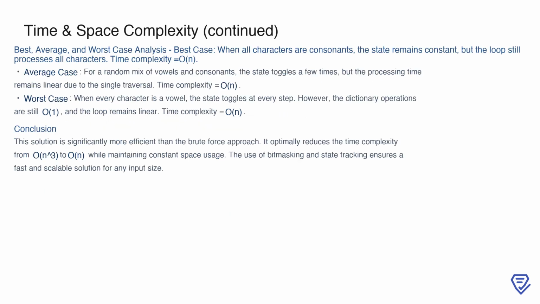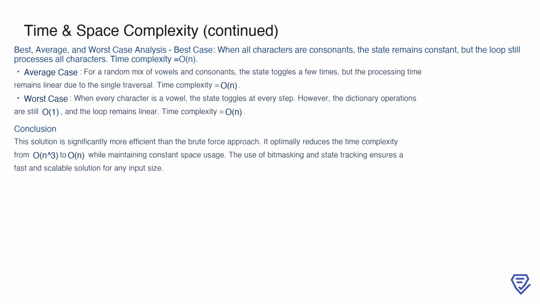Breaking down the time complexity further, we can examine the best, average, and worst cases. In the best-case scenario, where the string contains only consonants, the state remains constant throughout the loop. However, the algorithm still processes every character, resulting in a time complexity of O(n). For the average case, with a random mix of vowels and consonants, the state toggles occasionally as vowels are encountered.